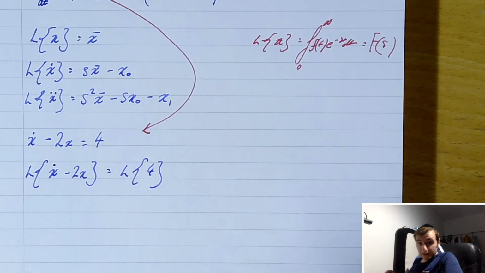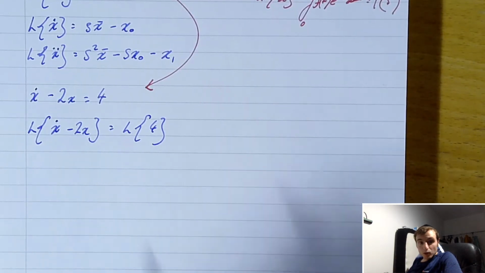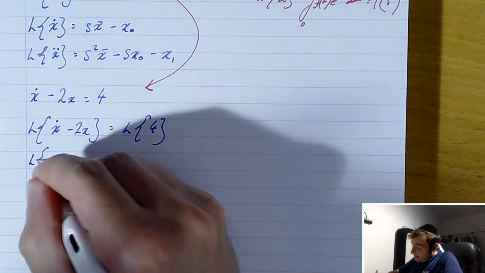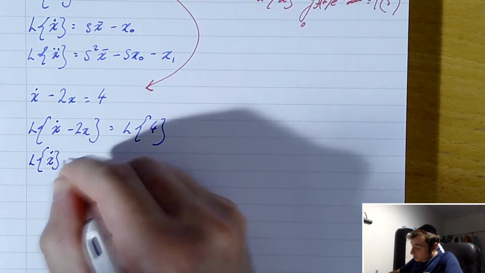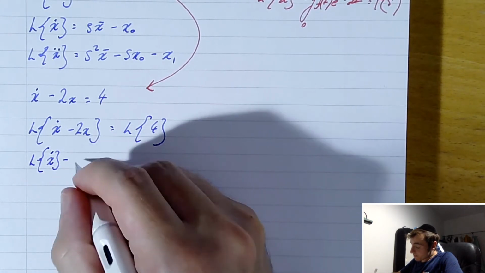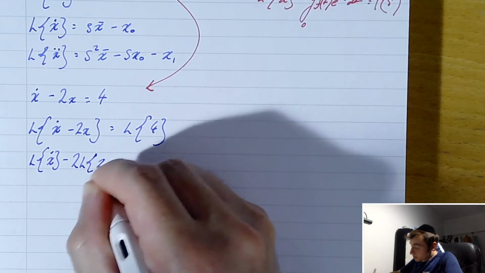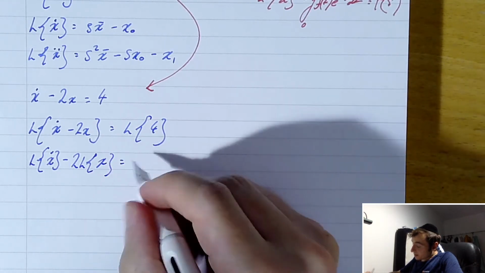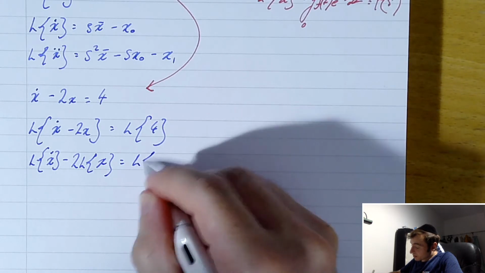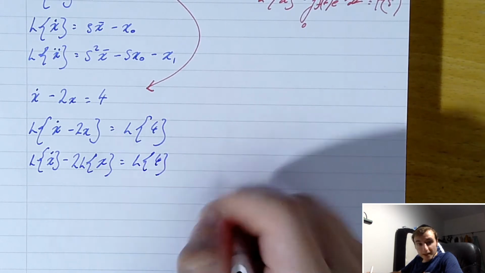And because of the principle of linearity, we can say that that is going to be the same as the Laplace transform of x dot minus 2 times the Laplace transform of x equals the Laplace transform of 4. Yeah.